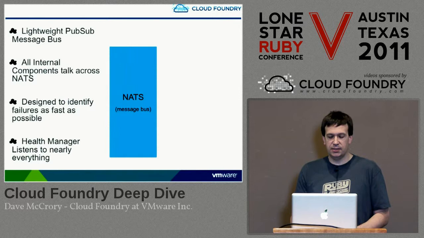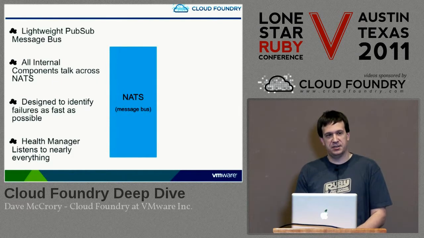NATS is a message bus. It is written differently. People have asked, VMware acquired Rabbit, which is their message queue. People have asked why we didn't use Rabbit inside of Cloud Foundry, and that's because we actually wanted something as lightweight as possible, written in Ruby, that would fail as quickly as possible.